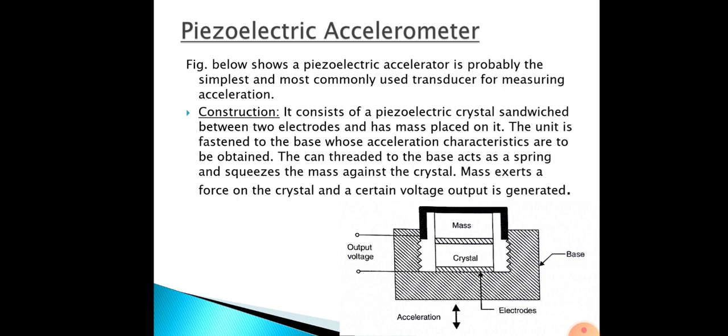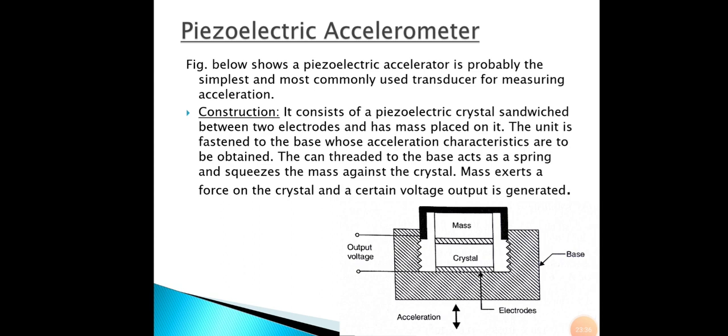It will be working according to Newton's second law of motion, that is force is equal to mass into acceleration. So here acceleration in the upward direction would increase the force on the crystal in proportion to the acceleration. The resulting change in the output voltage is recorded. Like this, in this manner, this piezoelectric accelerometer will be working.